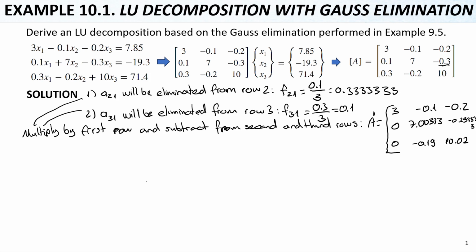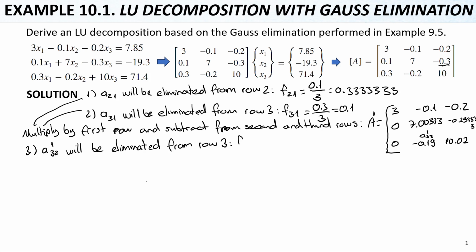Now in this we will eliminate this one. Then as the third step, A32 prime will be eliminated from row 3, and we will multiply the second row by this.